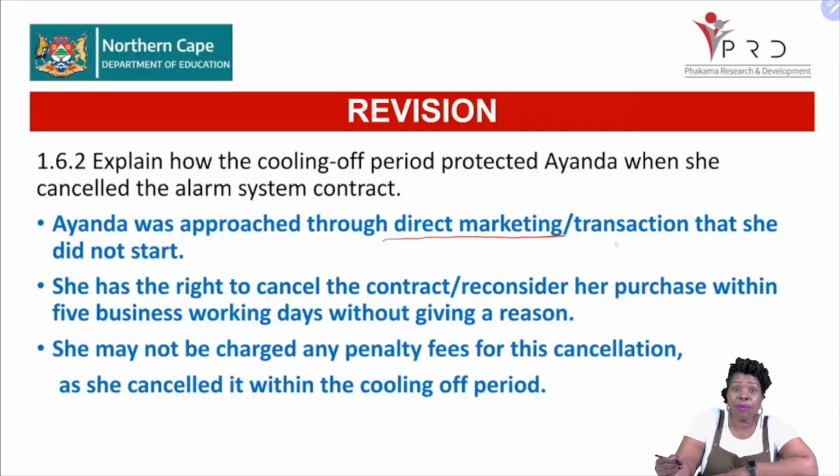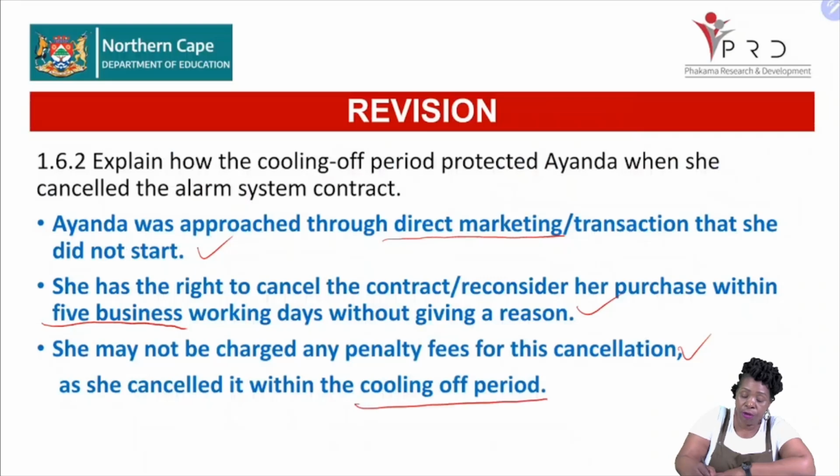And then the second point says she has the right to cancel the contract or consider her purchase within 5 business working days without giving a reason, right? So she may not be charged any penalty fees for this cancellation, as she cancelled it within the cooling off period.